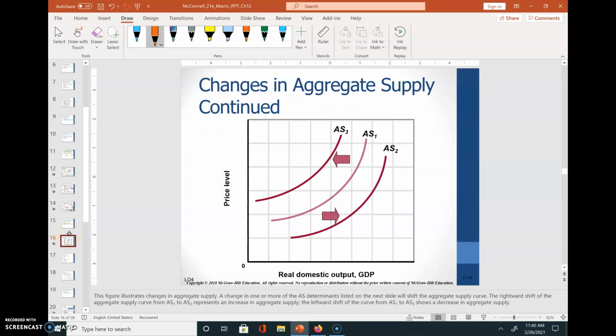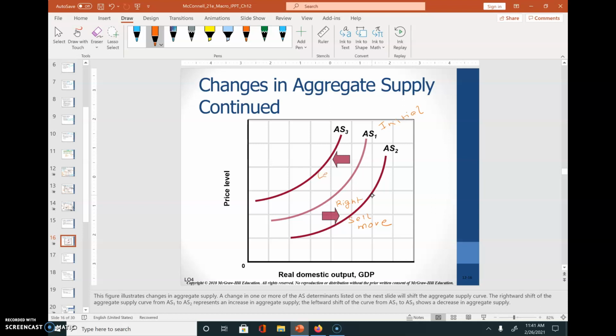The aggregate supply curve can go to the right and it can also go to the left. Let's say this is AS1, the initial aggregate supply curve. If the aggregate supply curve shifts to the right, this means the sellers are selling more goods.